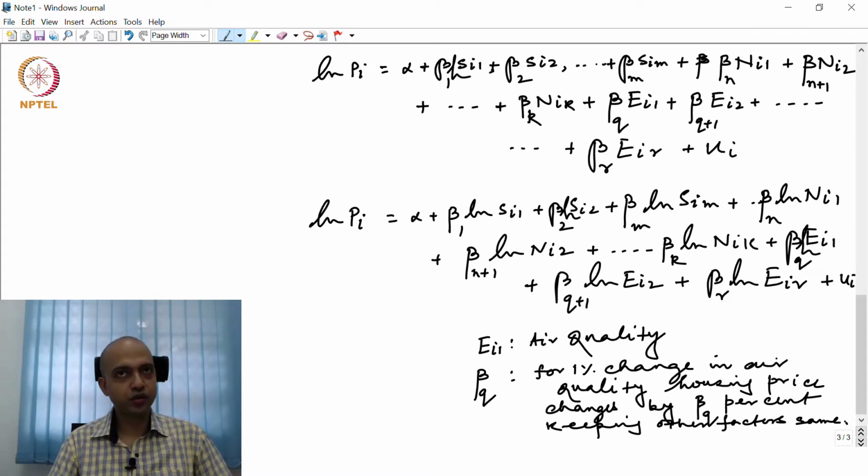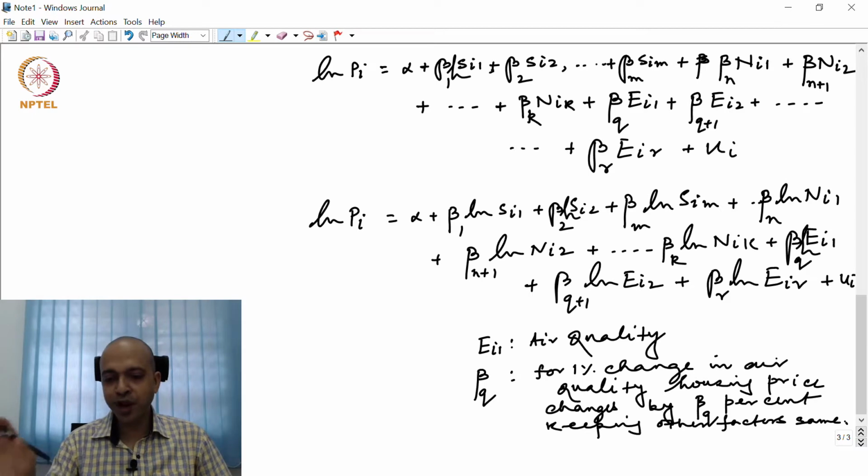That is the interpretation. So for estimating this type of function, we need to collect information on housing price from several locations, information on site specific factors, neighborhood specific factors, and environmental factors.